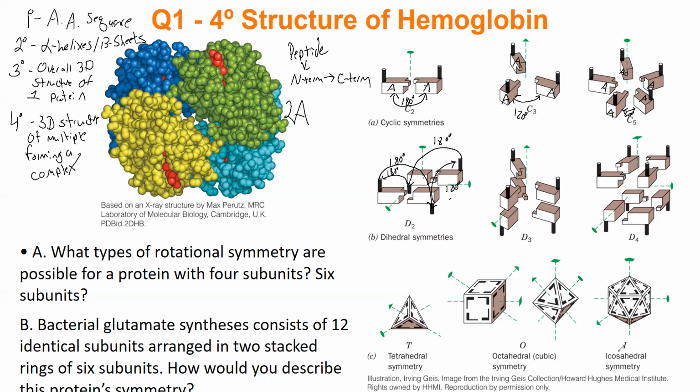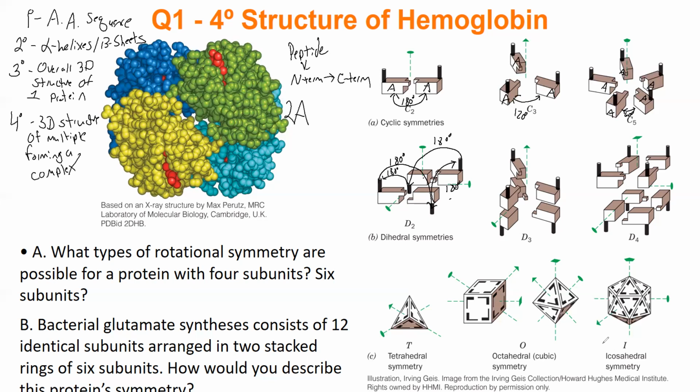It's very hard to show these on a 2D image. So what I really want you to get out of this is: what is quaternary structure? Make sure you know that, and know that we have to follow these symmetries.